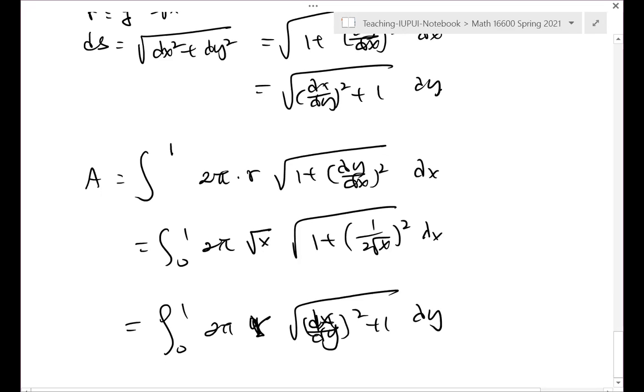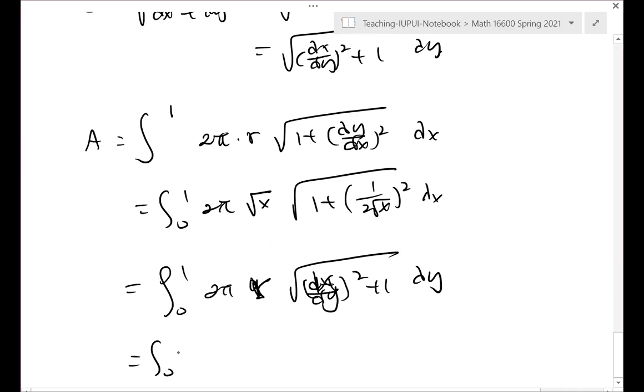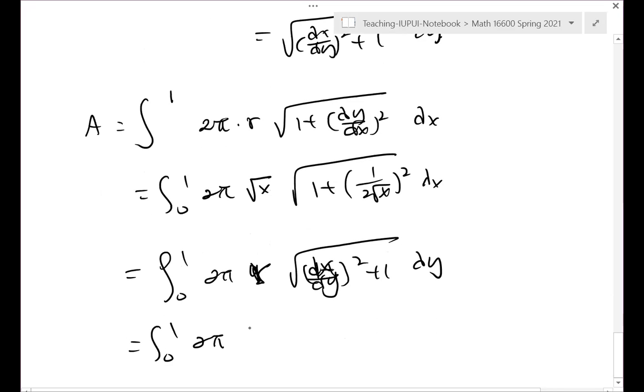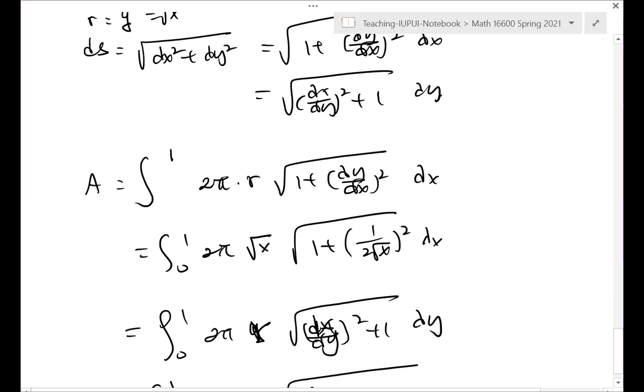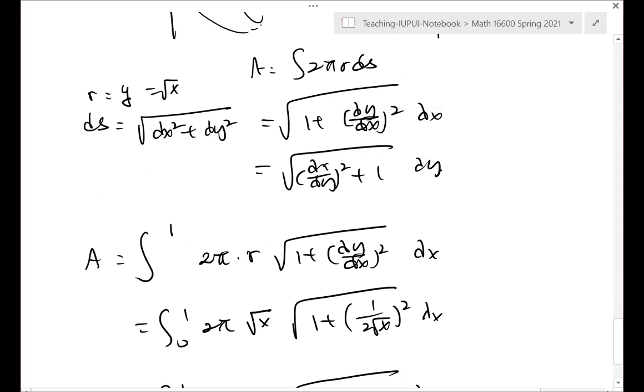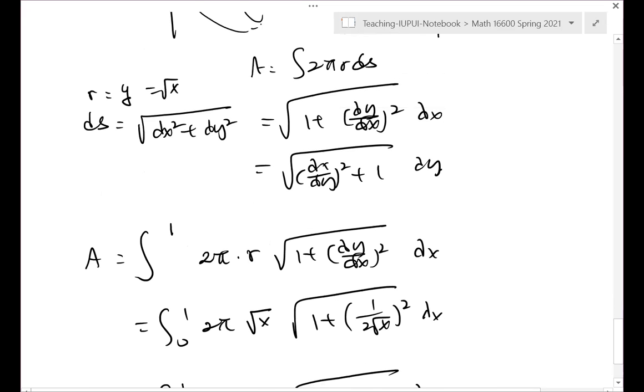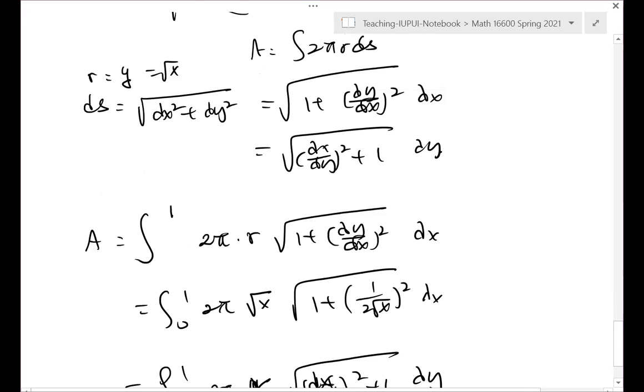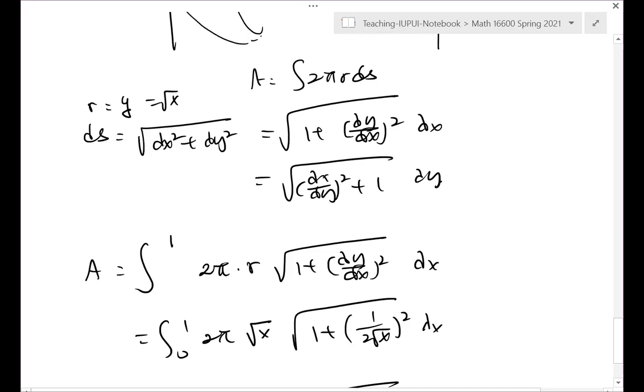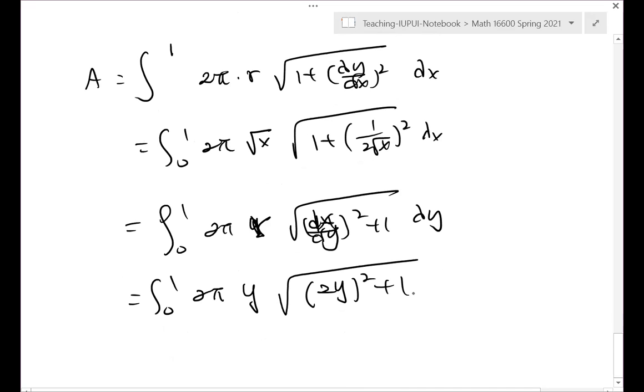Okay. So with respect to the y variable, the interval is the same interval, just because this is a special parameter. So r is going to be y, so you don't need to make any change. And then dx over dy, okay? x is y squared, so that's why it's 2y squared plus 1.